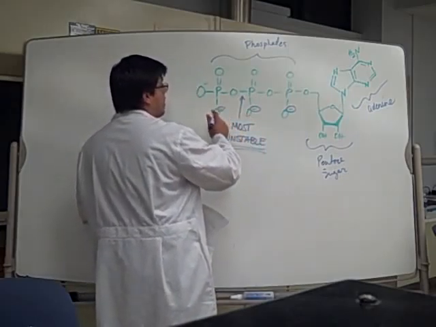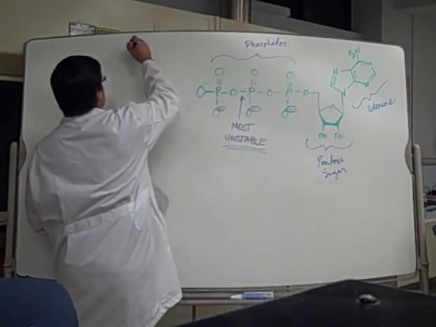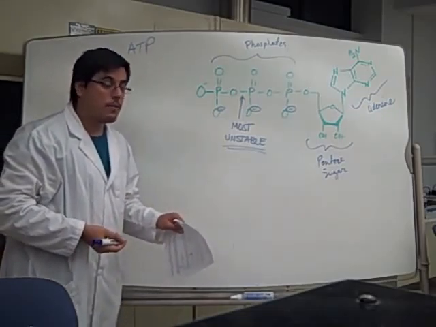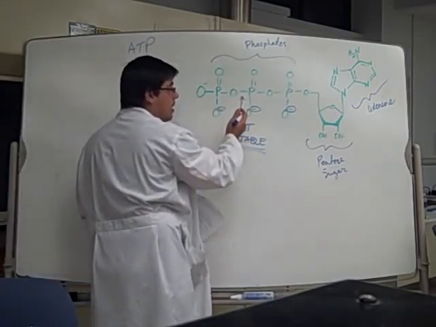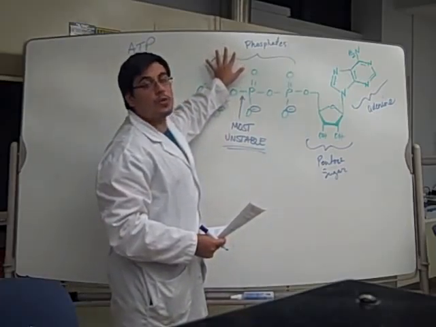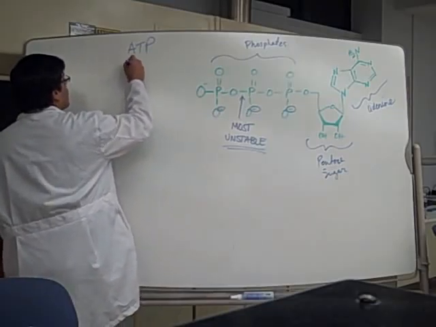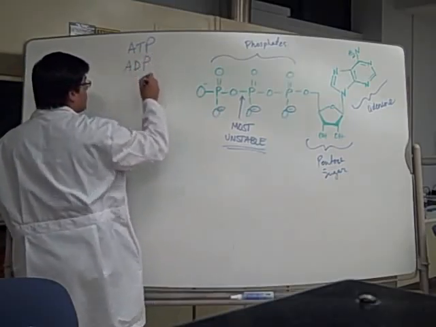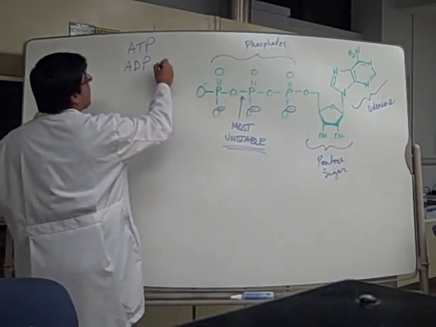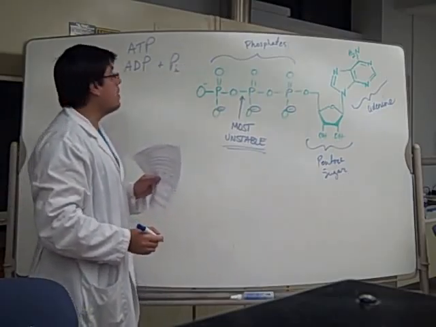So the entire molecule, of course, is ATP, adenosine triphosphate. If we were to break this bond, okay, so get rid of this first phosphate group, then we would convert ATP into ADP, adenosine diphosphate, and what would have broken off essentially would be an inorganic phosphate group, okay?